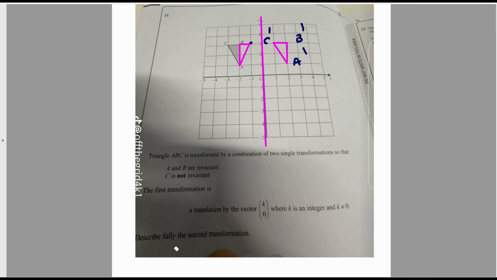So describe fully the second transformation. It's actually a reflection in x equals 0. x equals 0 is the y-axis. And k, how many did I actually move it to the right? 1, 2, 3, 4. So it's supposed to be 4, 0.